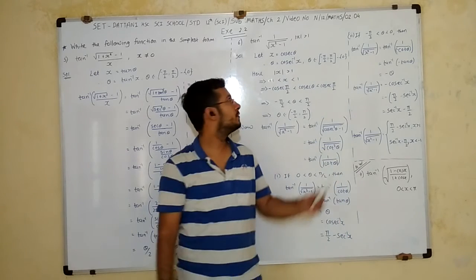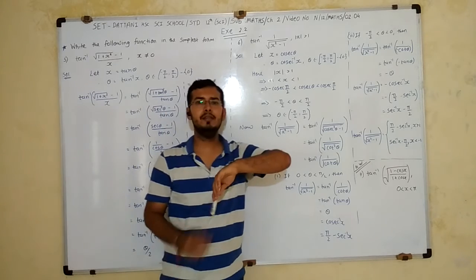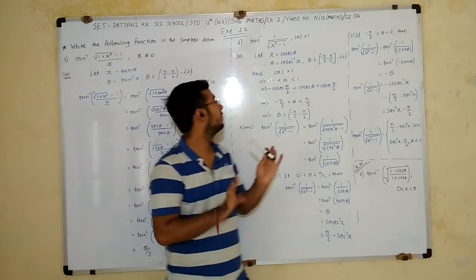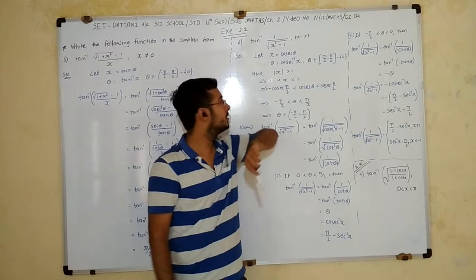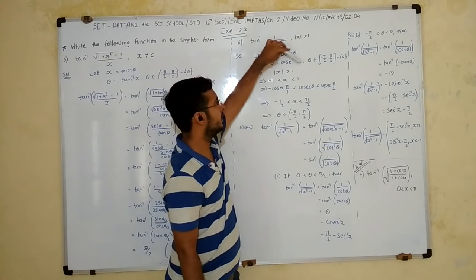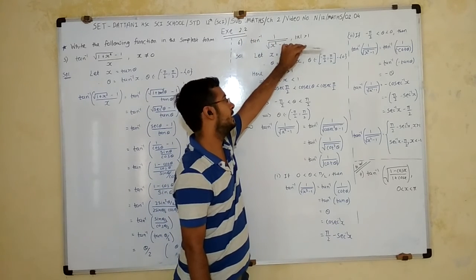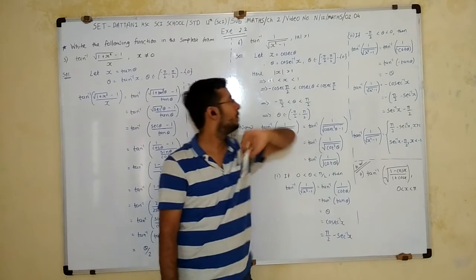Next one, 6-1: tan inverse 1 upon root x square minus 1. We need tan again, so I take x is equal to cosec theta. Now theta is equal to cosec inverse x. Theta belongs to the range of cosec, which is minus pi by 2 to pi by 2 minus 0.